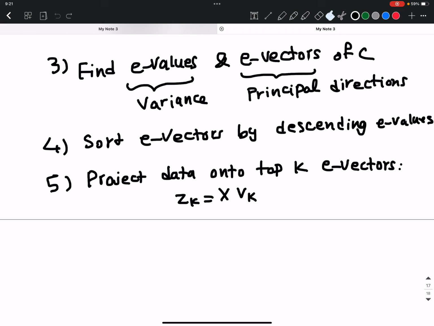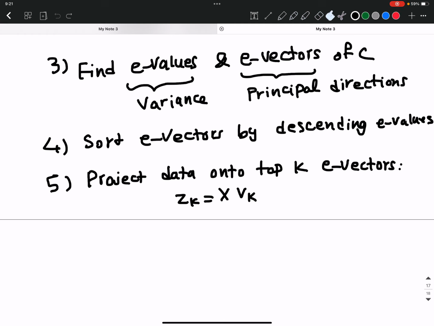Okay. Now, what we can do is, instead of using a general C or covariance matrix, we can use SVD.